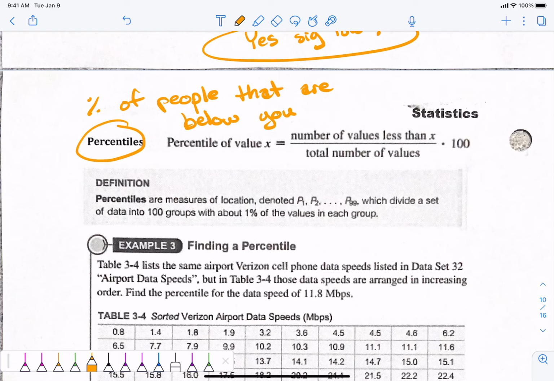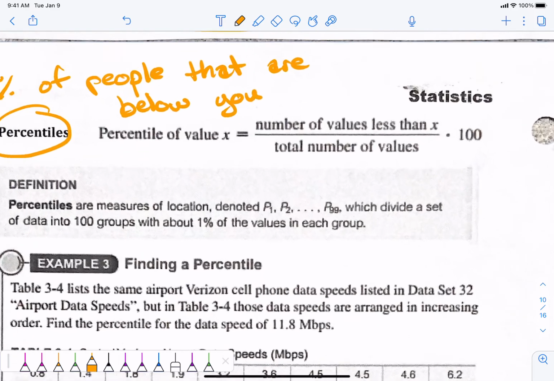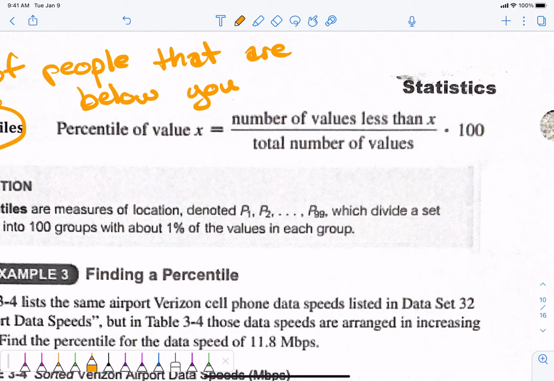When we're trying to calculate a percentile value, we take the number of values that are less than my value. This is me. And I divide by the total number of values, and I get a decimal number, which I can then convert to a percent. You can probably do that part in your head, though, right? Times 100, you're just moving the decimal 2 places. So the number of values less than me over the total number.